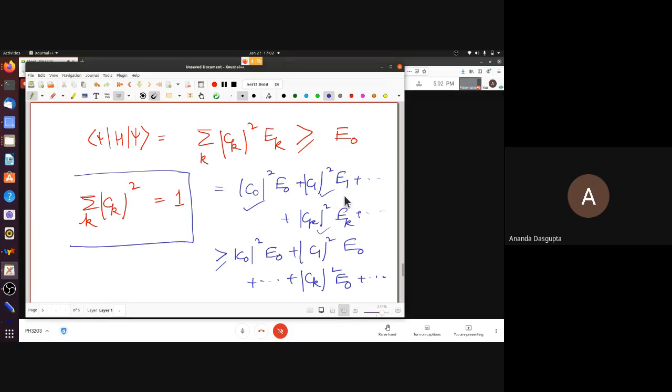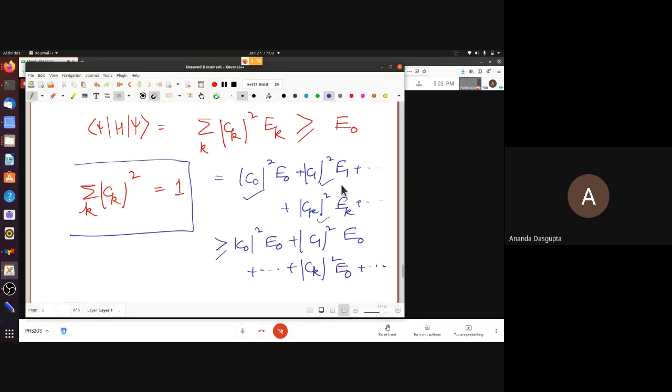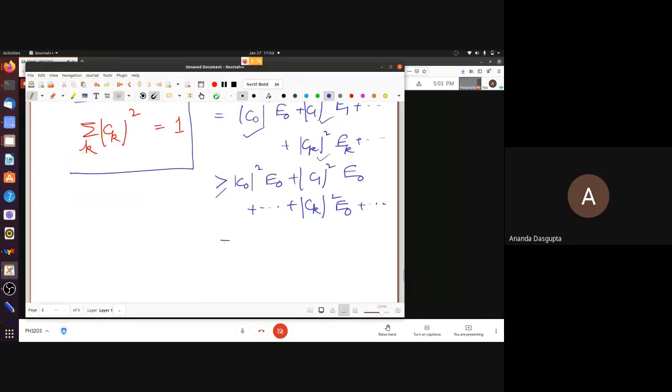If I were to replace all the E1, E2, E_k by E0, the only way this can equal E0 is that c_0 mod square is 1 and all the rest are 0. Otherwise, it's definitely going to go down. Anytime you change any one of the E_i's to E0, note that if the coefficient here is not 0, it is positive, so you're actually bringing the sum down. But then this quantity is obviously just E0, right?